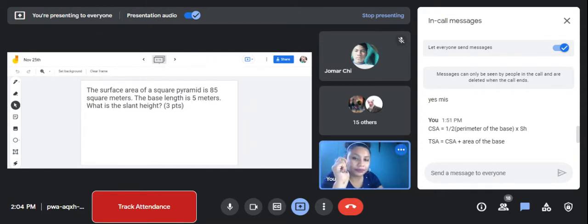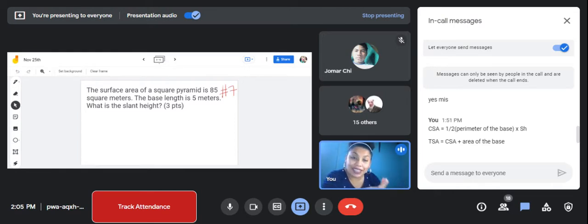Okay. This is another question, question number 7. The surface area of a square pyramid is 85 square meters. The base length is 5 meters.